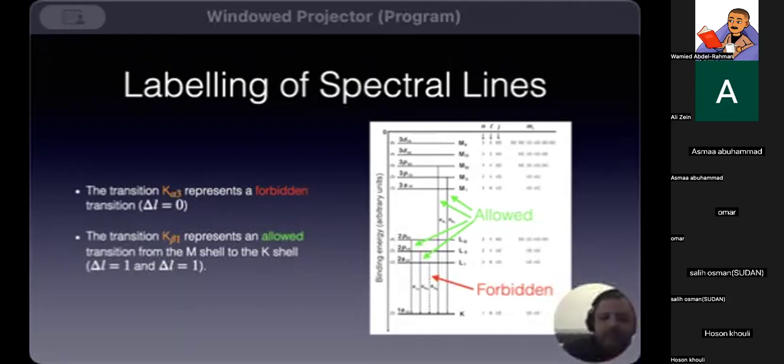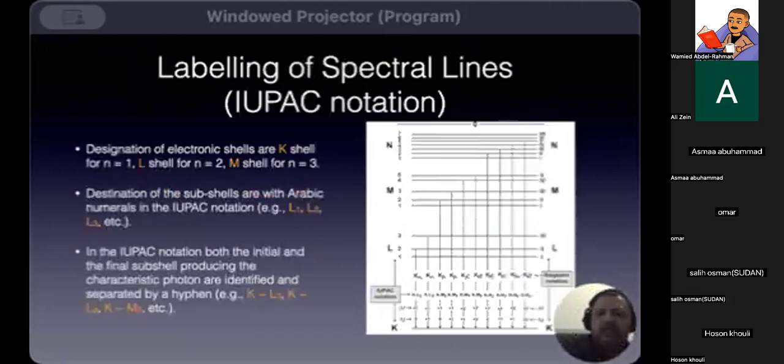Okay, I have to fix this. This is J. Now there is another notation. This is IUPAC. I think it's something from chemistry, international something related to chemistry. To me, their notation actually looks clearer than the previous notation.